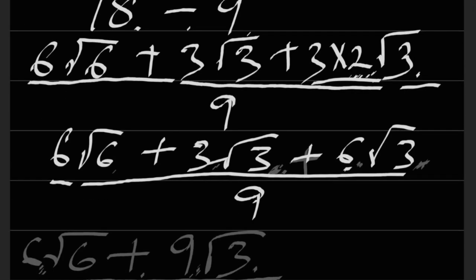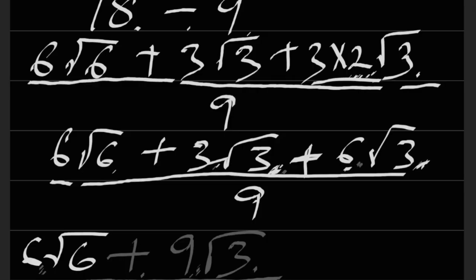So at this point we can see that this one and this very number are like terms, because the number inside the roots are the same. So we can plus and we can subtract. We can recopy this number 6 root 6, then 3 root 3 plus 6 root 3.